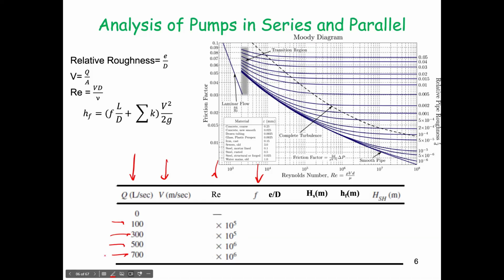For example, Isabella, you go for 100 liter per second. Tanner goes for 300. Just find velocity and Reynolds and F and this. And I think I need you to give me these numbers. Tracy, 500. Garrett, 700. You again, because I don't trust them.